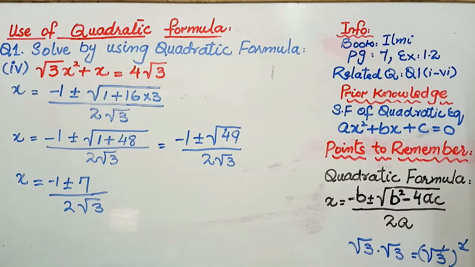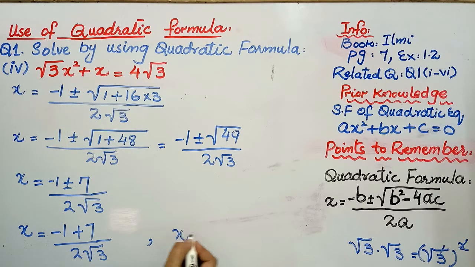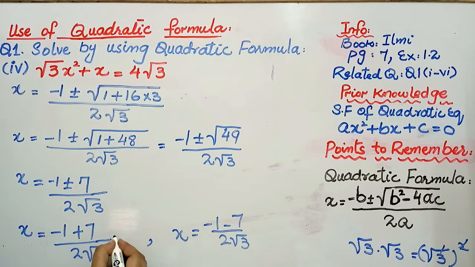So here this is positive negative. One time we have to write down x with plus, and the second time we are going to write down x with negative. So it will be 7 minus 1, that is 6, by 2 under root 3.